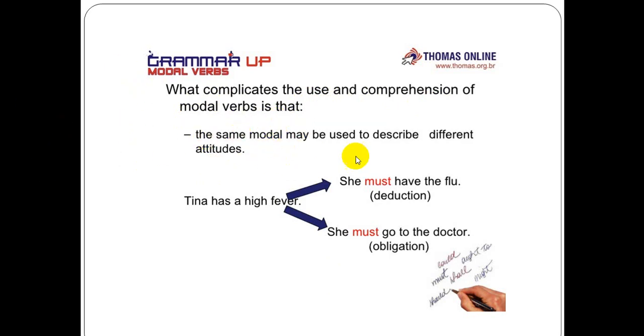The same modal may be used to describe different attitudes and opinions. We can use one modal giving more than one meaning, according to the meaning in context, according to the situation. Tina has a high fever. She is suffering from a very high temperature. I say, for example, "she must have the flu." This expresses deduction. But I say "she must go to the doctor." Here it has obligation, advice with obligation, meaning advice that she has to go to the doctor since she suffers from a high temperature. She must go to the doctor, it is compulsory that she goes and takes care of her health.